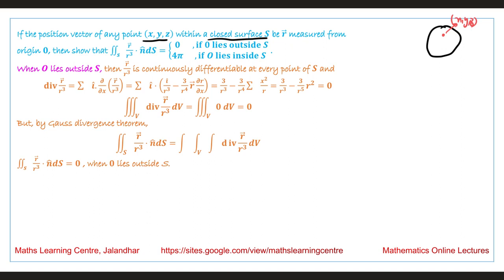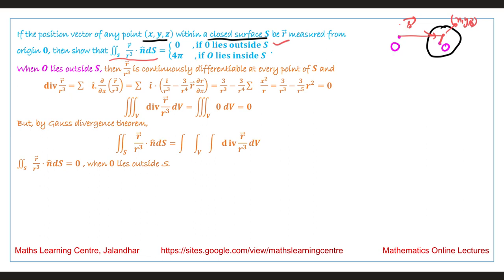So there are two cases: the origin can be inside this surface, or the origin can be outside this surface, and in both cases this vector is given by r vector. We have to prove that the double integral over S of r vector over r cube, n cap dot dS, is equal to this value for these two cases, when O lies outside S and when O lies inside S.